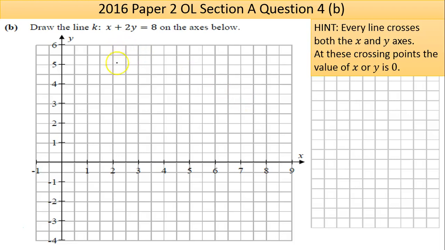Now part B, they're looking for me to just draw the line. This is dead handy once you know what you're doing. Ultimately what I'm using here is a really important fact in coordinate geometry: all along the y-axis, the value of x is 0.